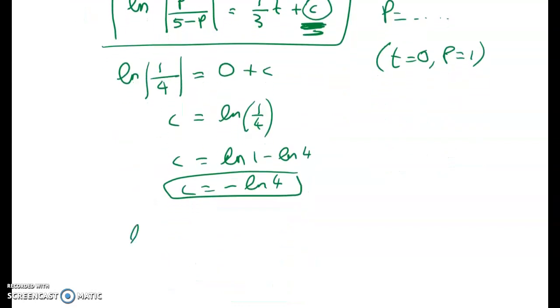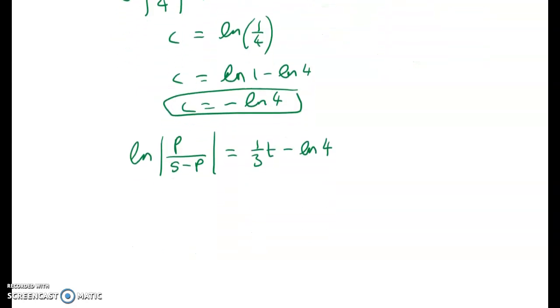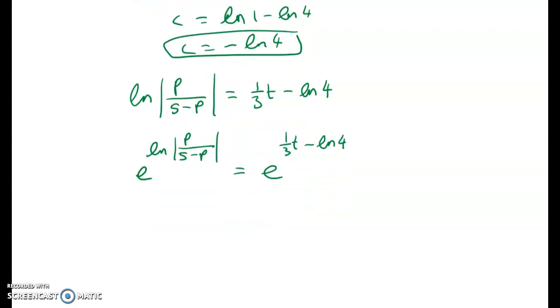and keep on going. So we've got the natural log of p over 5 minus p is equal to 1/3 t minus the log of 4. Now we're going to e to both sides. So we have p over 5 minus p is equal to e to the power of 1/3 t minus log 4.